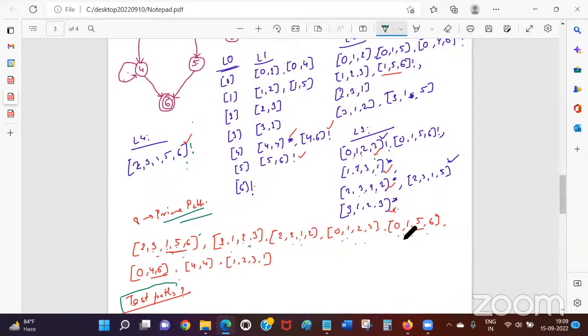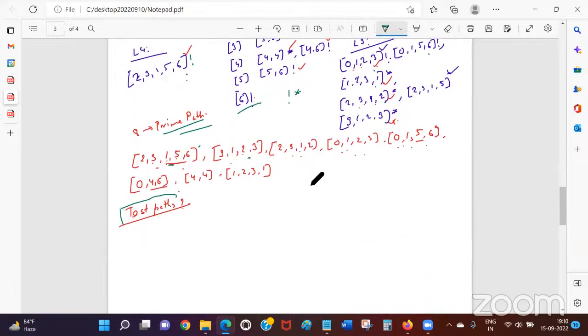So I'll just add them as they are. But whenever I'm considering this 1, 5, 6, I saw this 1, 5, 6 was already covered. So although this is a simple path, I don't have to consider it because it is already a subpath of an existing prime path, right? So like this, you need to consider all the nodes which are with a star or asterisk. If they're a subpath of an already existing prime path, we don't have to take it. Otherwise, just write it down. Okay, how will we create the test paths?